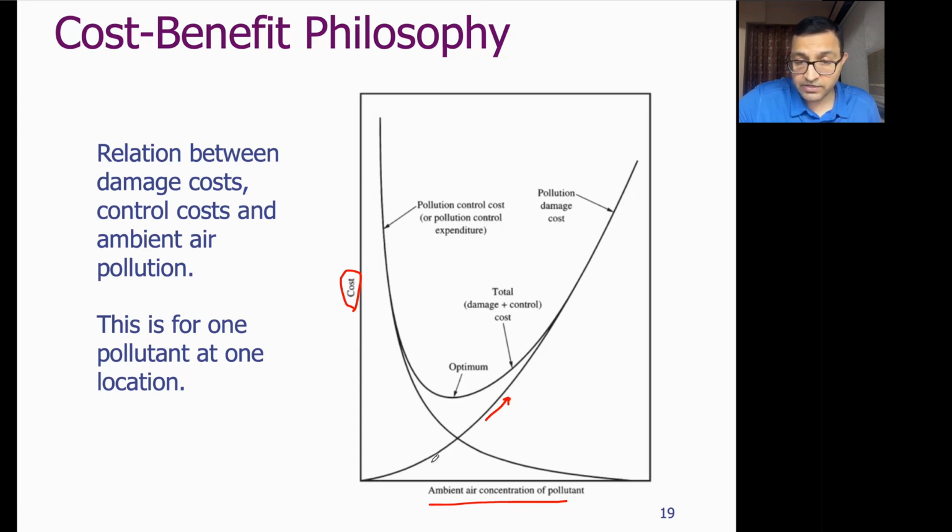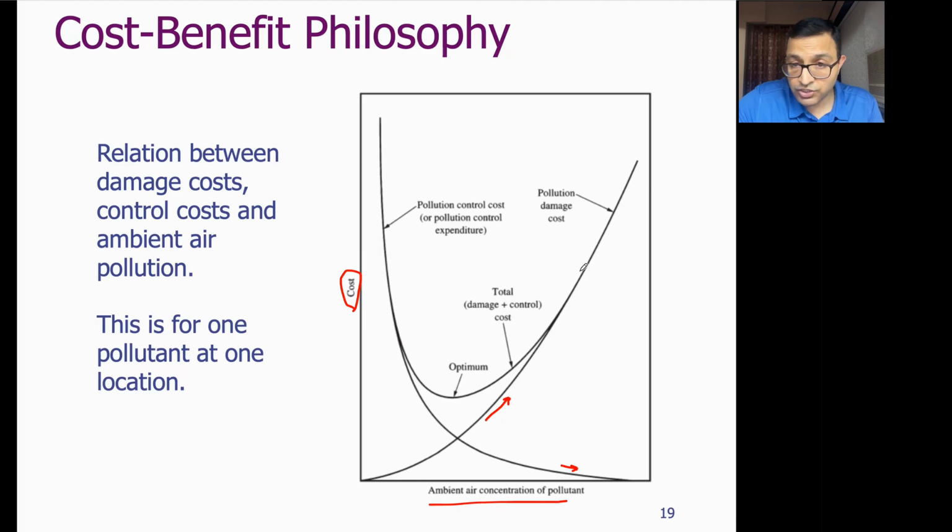Obviously, as the ambient concentration increases, the damage from pollution increases, and this is the pollution control cost or pollution control expenditure. If you have to keep the concentration very low, the control cost would be very high, and if you keep the concentration very high, you're basically not spending anything on pollution control. And now if you add the two, one is the damage cost, one is the control cost.